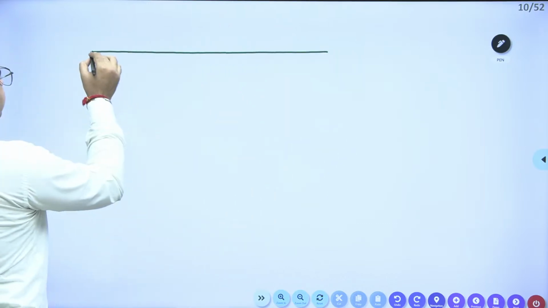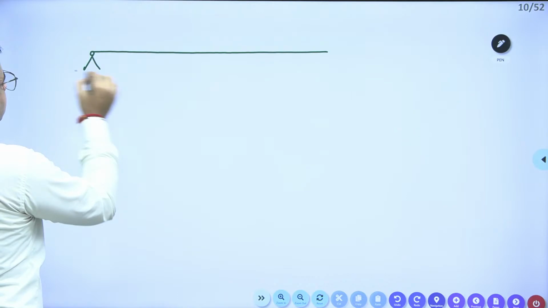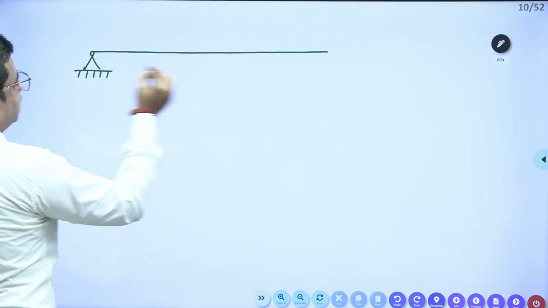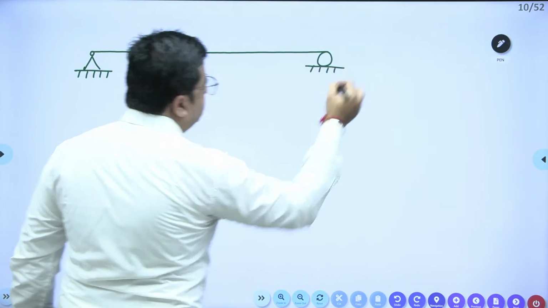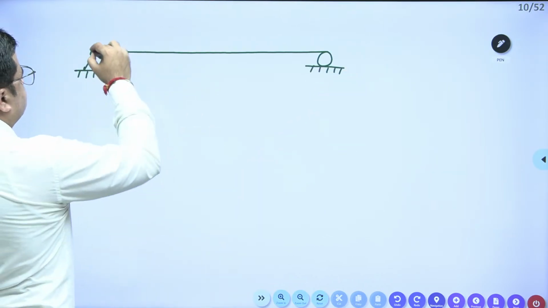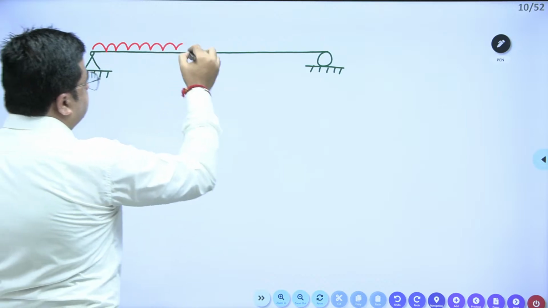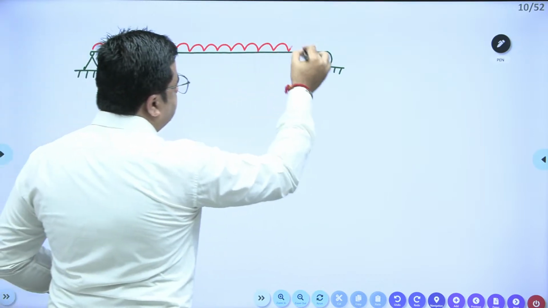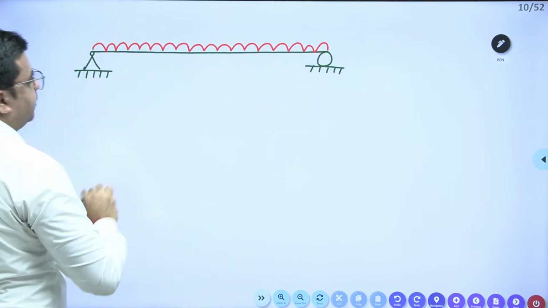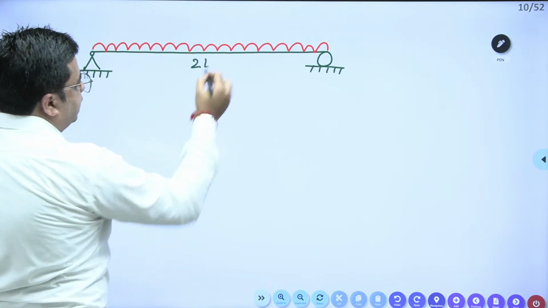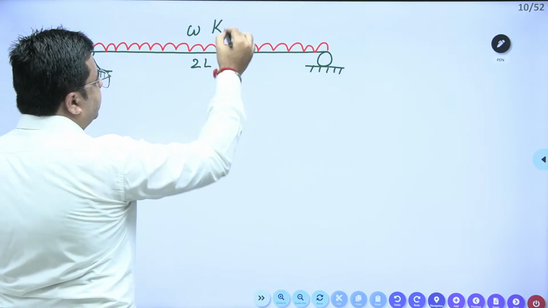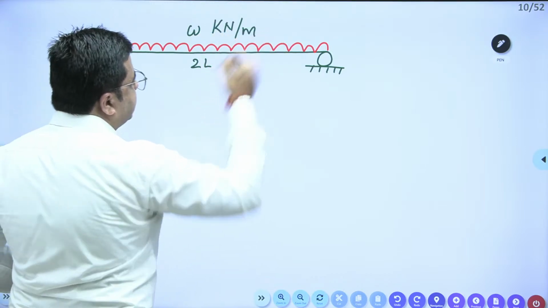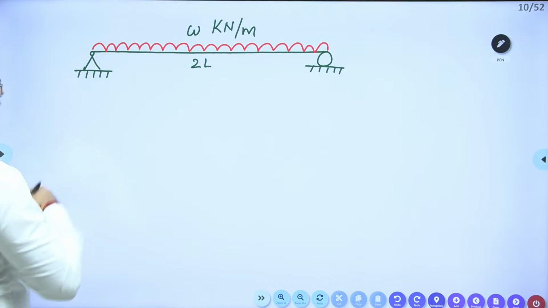So here we have a beam like this, loaded with UDL. The total length of the beam is 2L. The intensity of loading is W kilonewton per meter.